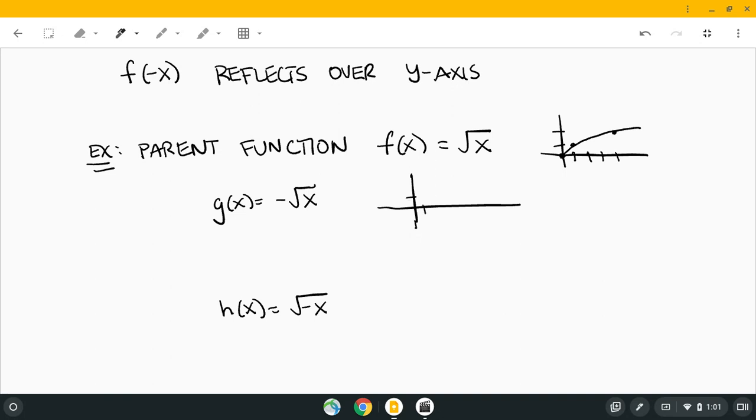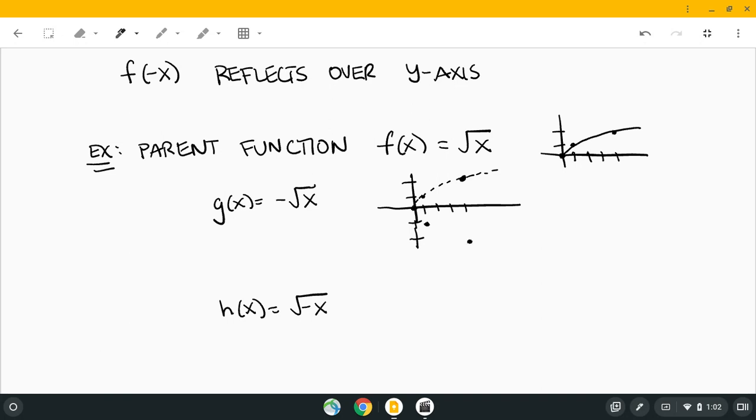So when we graph, here I'll put the parent function as a dashed graph. Here we are multiplying the parent function by negative, so it will reflect it over the x-axis. We have a point here, and then a point here, and this one gets reflected down here.